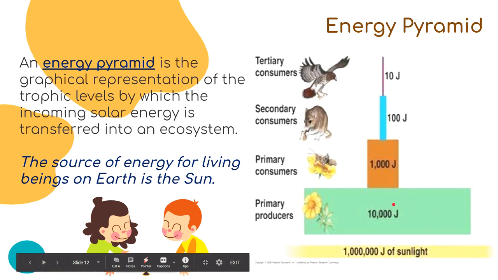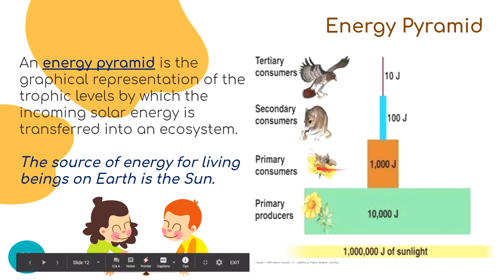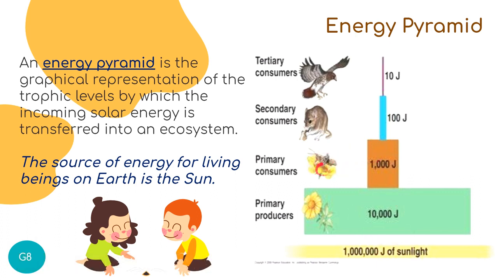Once they're eaten by the primary consumers, they transfer this 10,000 joules. But within the body of the primary consumers, is this a bee or a grasshopper? Only 1,000 joules are stored in the body of those grasshoppers. Those are the ones available for transfer to the next trophic level.